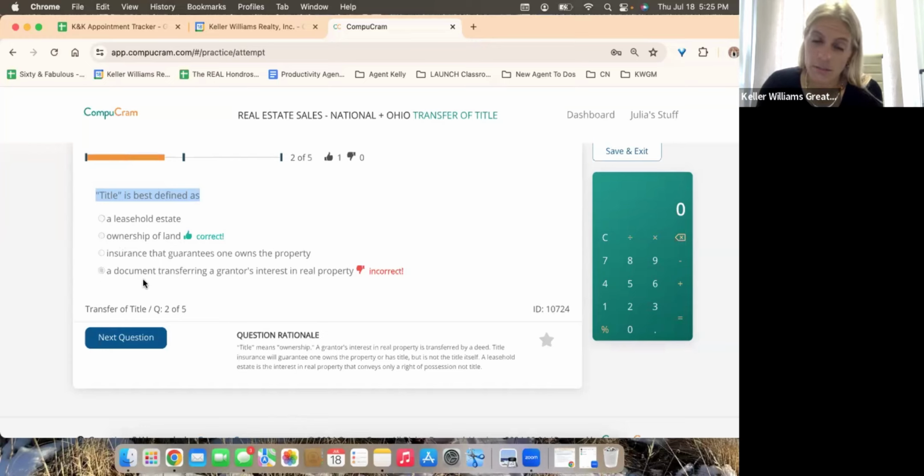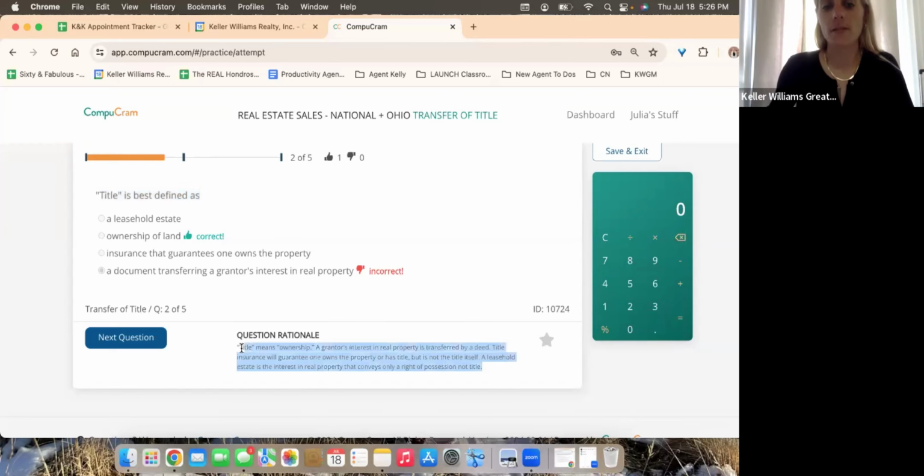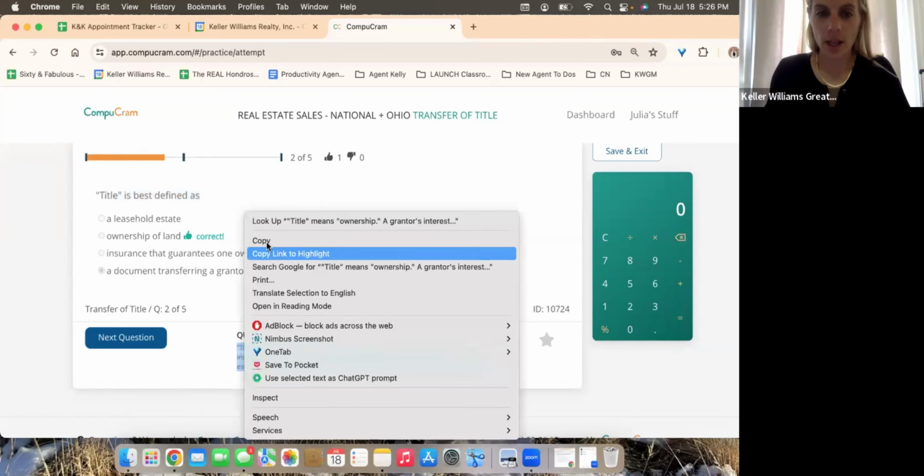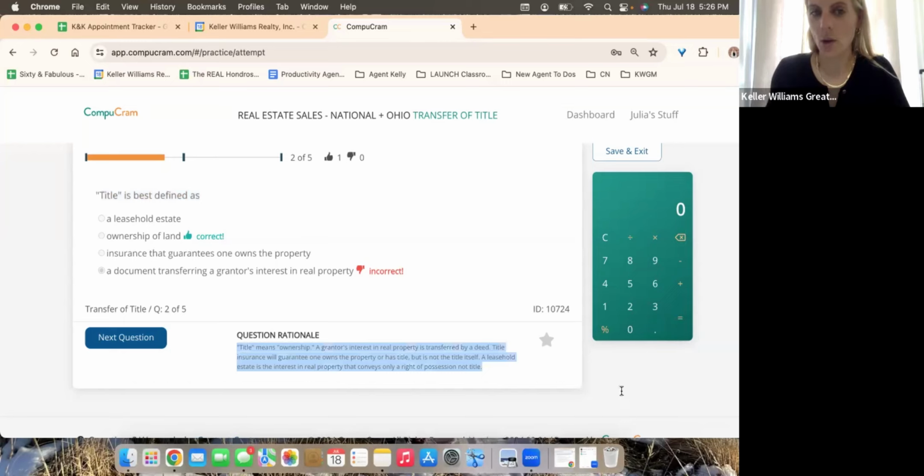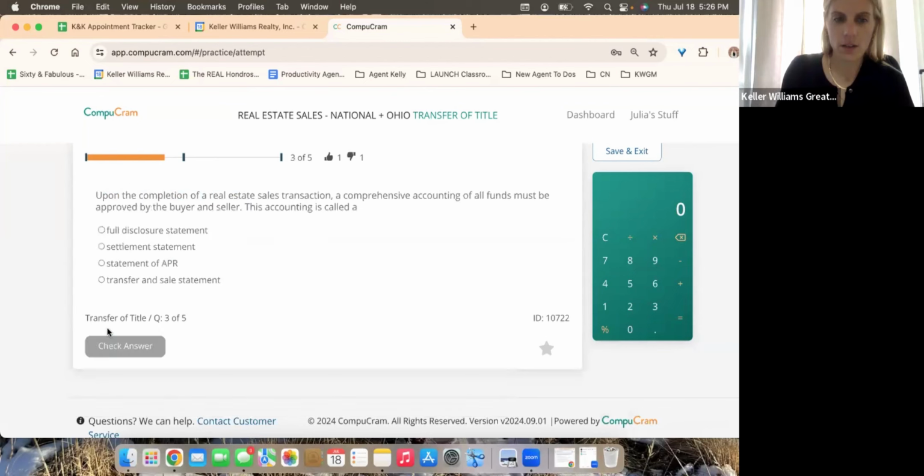That is tricky because title is also a document. A grantor's interest in real property is transferred by a deed. Title insurance will guarantee one owns the property, but it is not title itself. And a leasehold estate conveys possession. A document transferring a grantor's interest is the best definition for a deed, whereas the best definition of title is ownership of land.